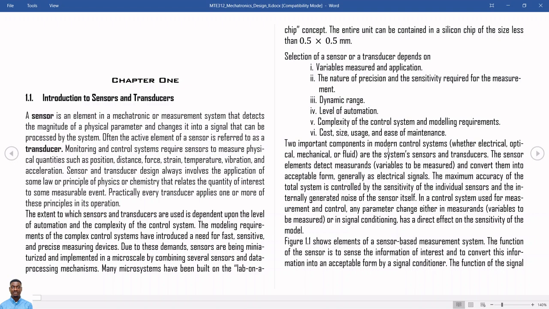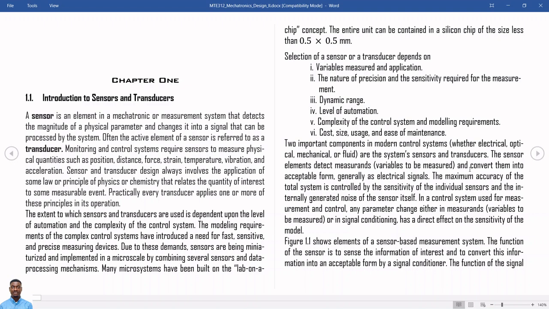So for every modern control system, there are two very important elements in them, which are the sensors and transducers. What the sensor does is to detect the measurand. The measurand here is the variable to be measured, either temperature, pressure, whatever it's to be measured. That's what we call the measurand.